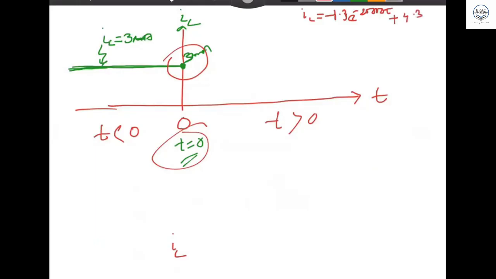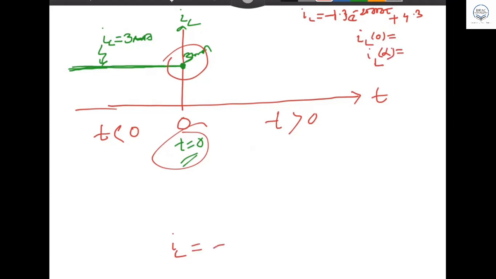Now from here you can easily find out at time t equal to 0, IL(0) equal to what? At time t equal to infinity, IL(infinity) is equal to what? Can you tell me the value? At t equal to 0, what will be the value of IL?